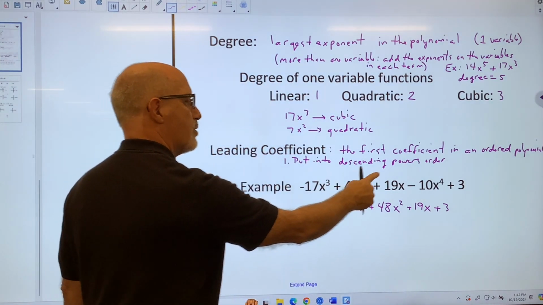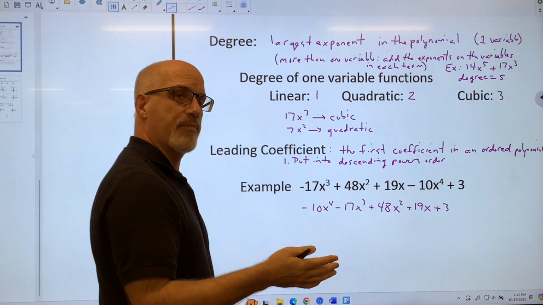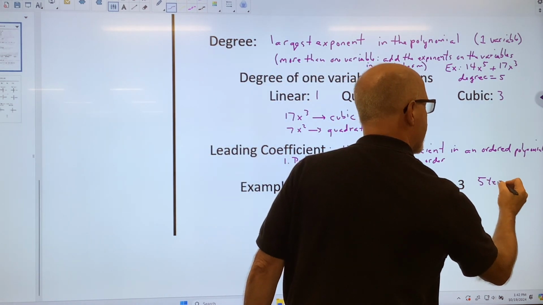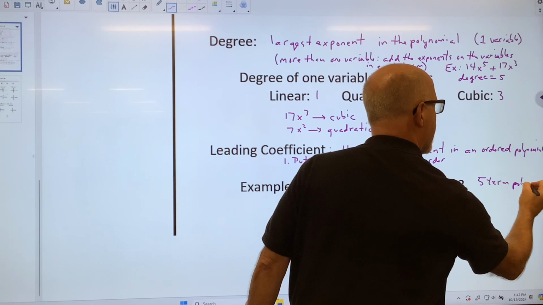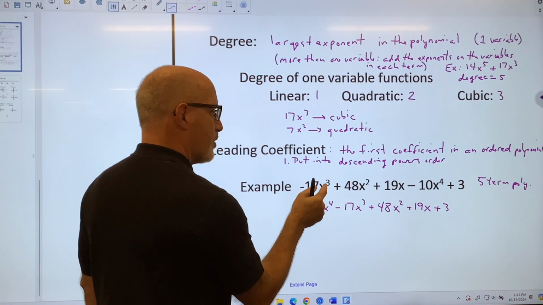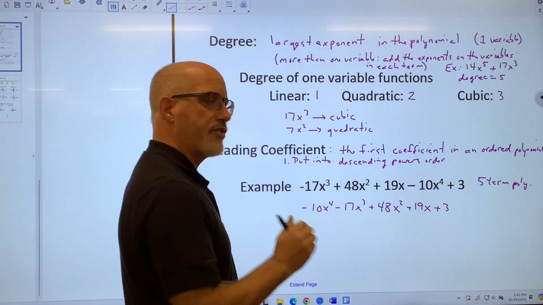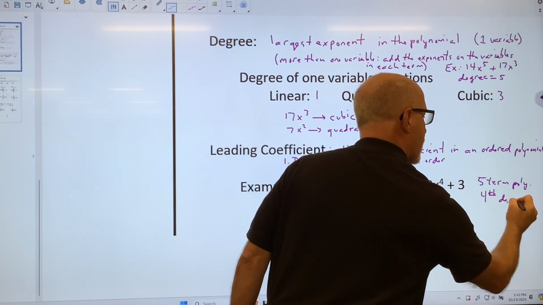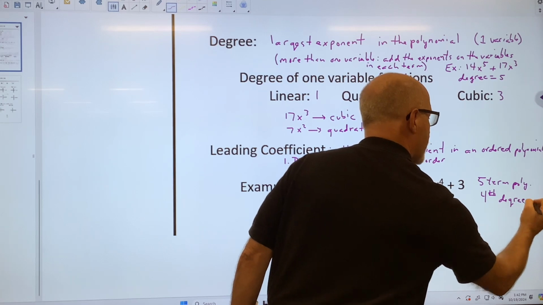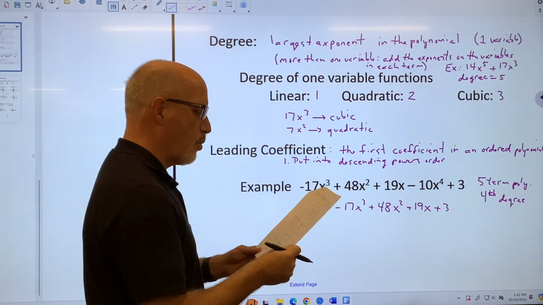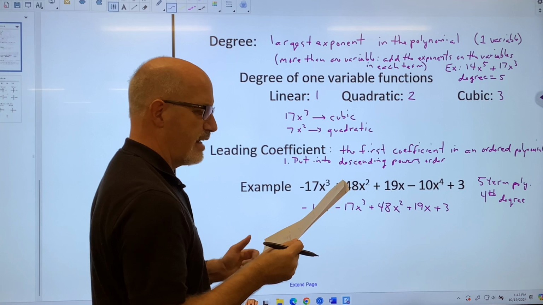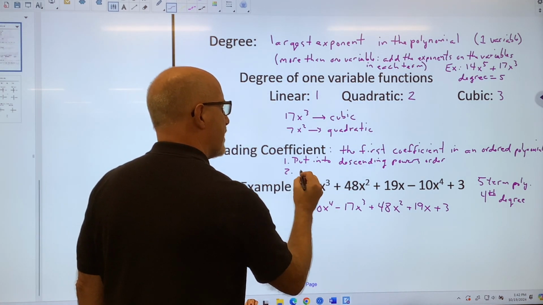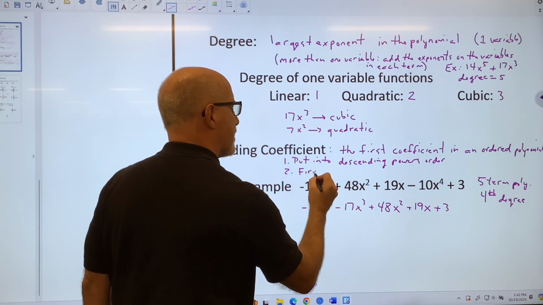So I took this 5-term polynomial. Notice the largest degree, it's a 4th degree, because that's the largest degree in the polynomial. And then I look at it and say, what is the leading coefficient for this? The leading coefficient would be the number in the very front, so the first number in it, the first coefficient.